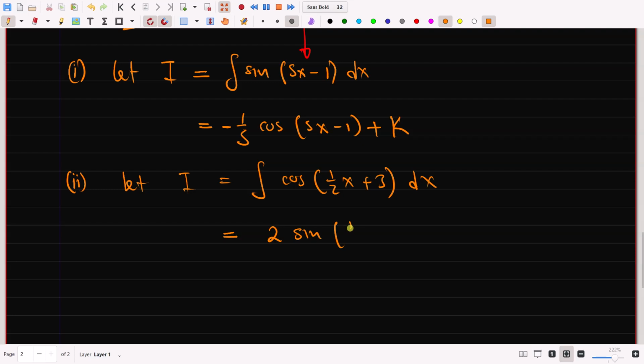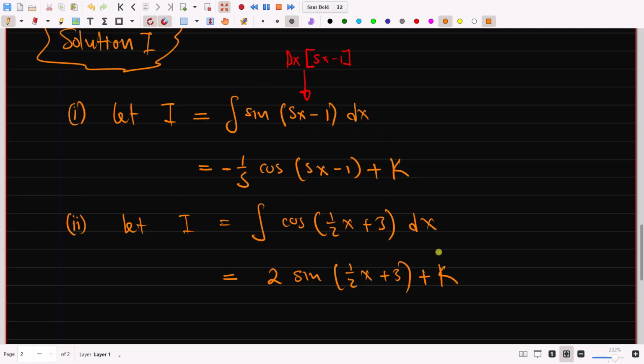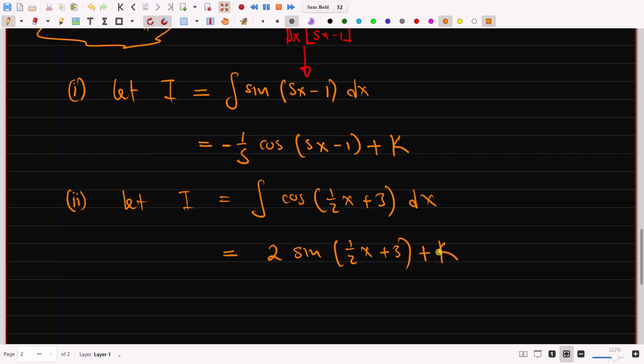So these are things that you should know: every time you're integrating basic trig functions, you simply treat them like that. Start with the argument, take it out, integrate the function, put the pieces together, and then add the integral constant, you see. We refer to that as an integral constant.